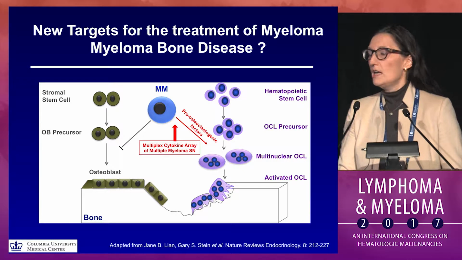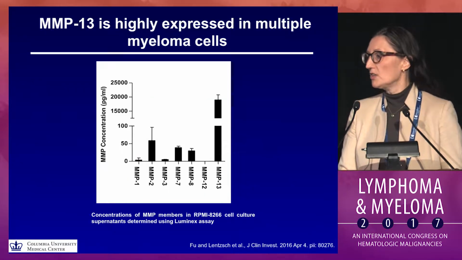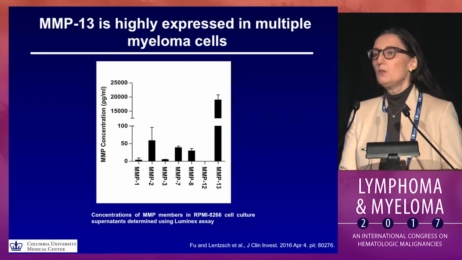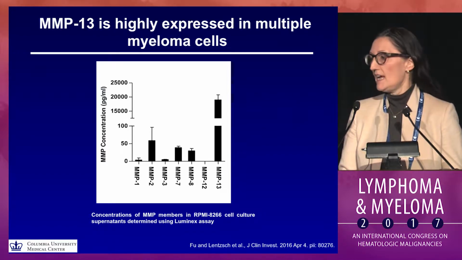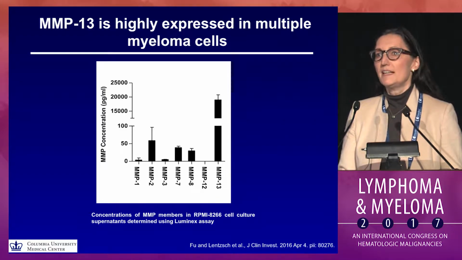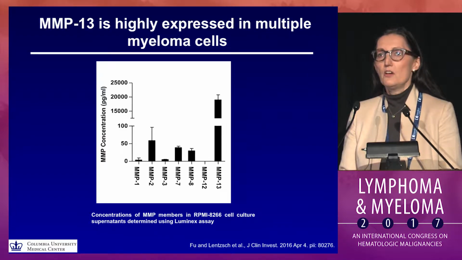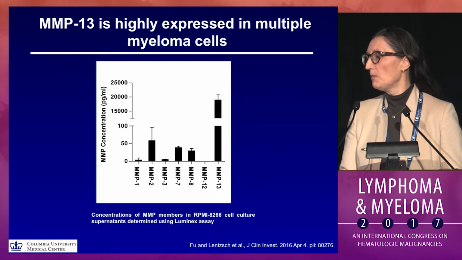What we observed to our surprise was that metalloproteinase 13, MMP13, was highly secreted in the supernatant of multiple myeloma cells, in contrast to other metalloproteinases, which were also secreted at a decent amount.